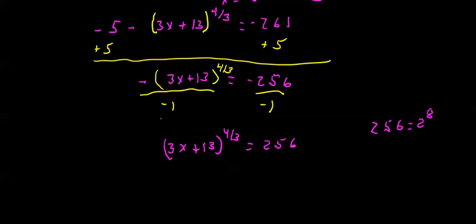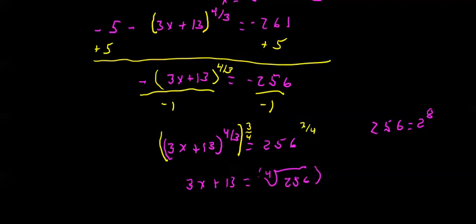Now we are going to raise this, I was getting ahead of myself, to the reciprocal power. The reciprocal of 4/3 is 3/4, raised to the 3/4 power. And when we raise a power to a power, we lose the exponents. 3x plus 13 equals the 4th root of 256 raised to the 3rd power.